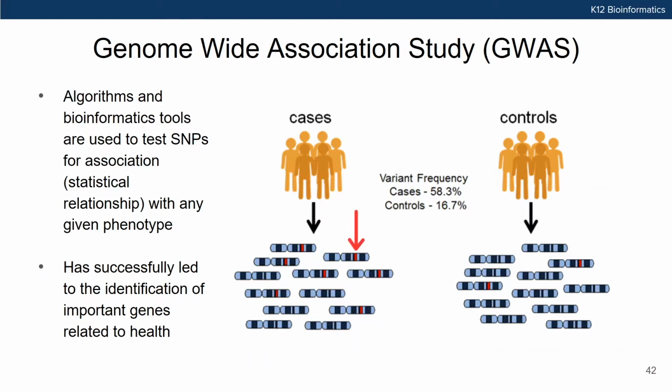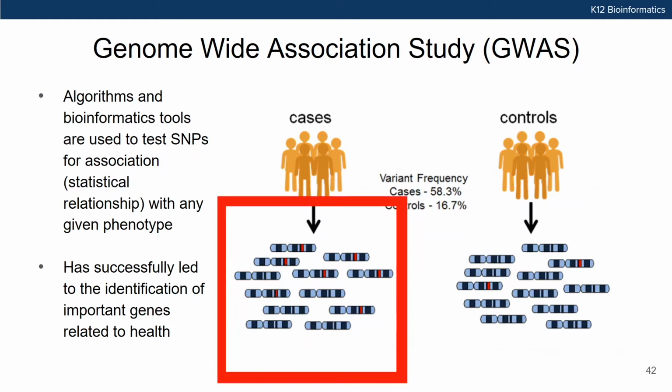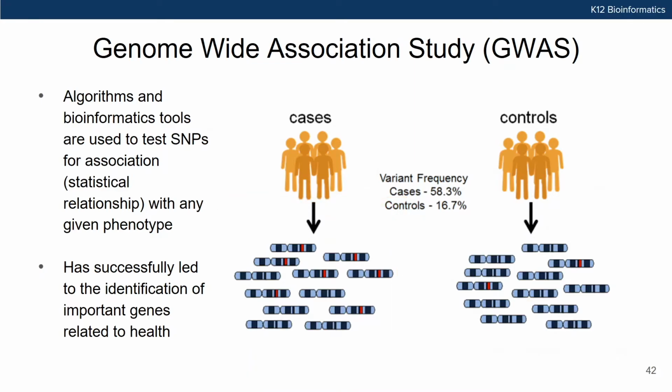Over to the right, you can see that in our cases, a particular SNP has a frequency of 58.3% versus 16.7% in our controls. This tells us that genes in this particular area of the genome may be impacting our phenotype of interest. This has successfully led to the identification of very important genes related to health and disease.